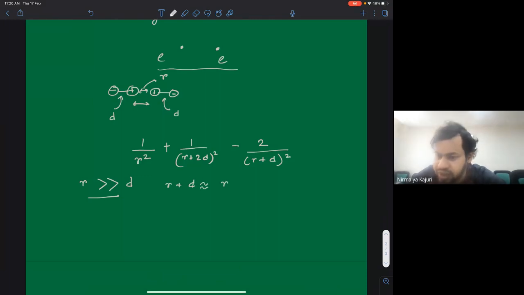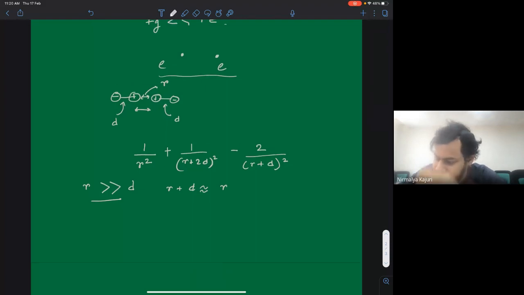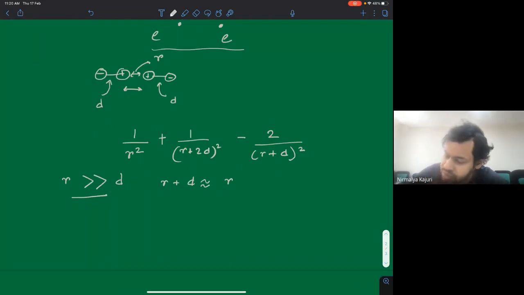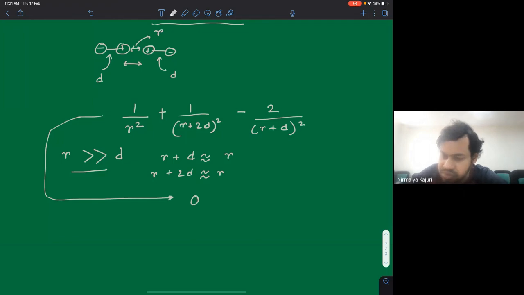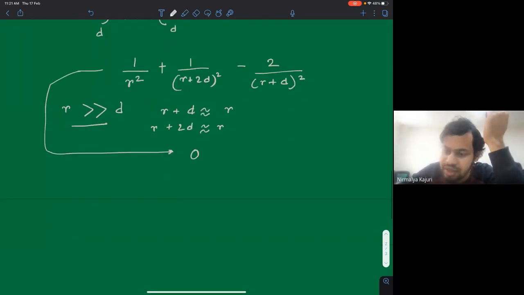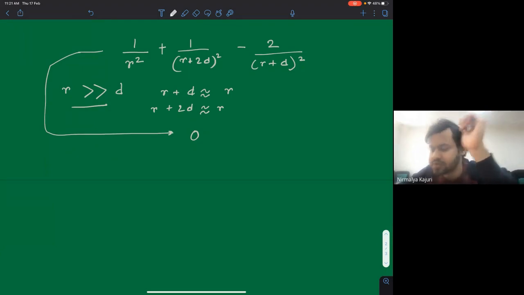Roughly speaking, if r is 10 and d is 0.001, then r plus d is too close to 10 for us to consider that 0.001. Similarly, r plus 2d is also very close to r. And in this scenario, we have this force canceling out. So neutral objects at large distances will always have negligible forces.